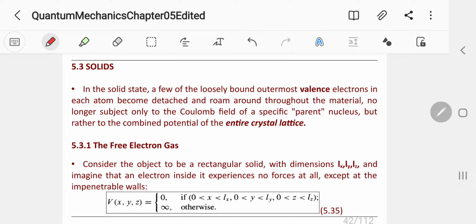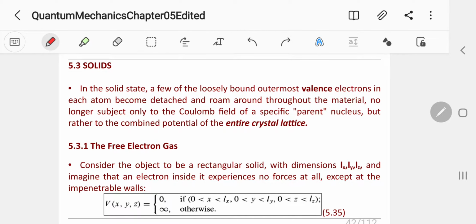They move from one atom to another in the entire crystal lattice of the solid. So we consider these electrons to be like a free electron gas.